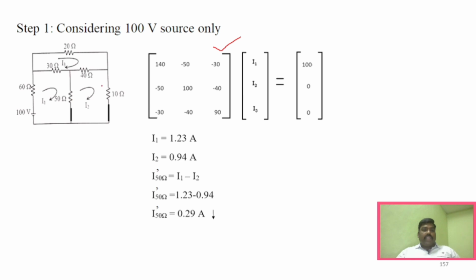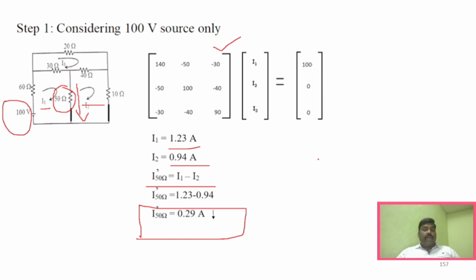For this particular circuit, we need to find the current across this resistor. There are two currents flowing, I1 as well as I2, correct? We have found I1 and I2, and here it is I1 minus I2, correct? So the current across this 50 ohm resistor for this voltage source, after subtracting I1 and I2, we obtain 0.29 ampere, right?